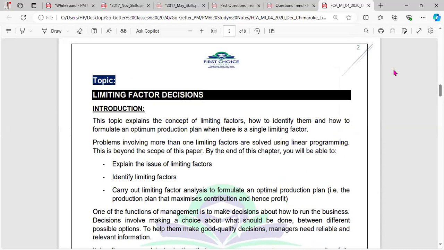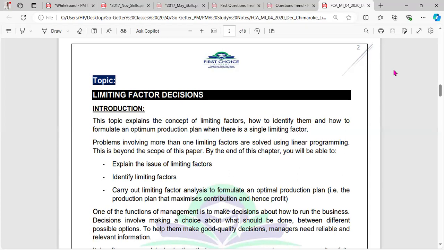Now, there are two ways we can handle limiting factors. The first one is when there is just one single limiting factor, we'll use something called limiting factor decision making. But when there is more than one, we'll rely on something called linear programming. We're going to learn about linear programming later, but for now, let's look at this single limiting factor.